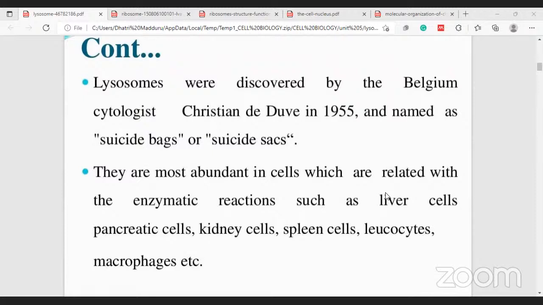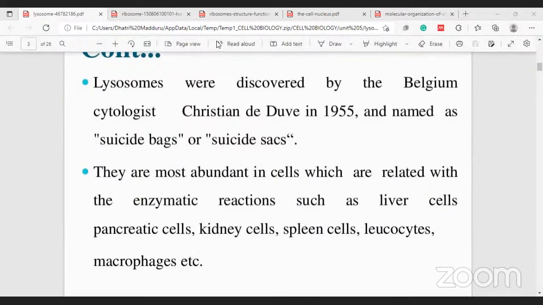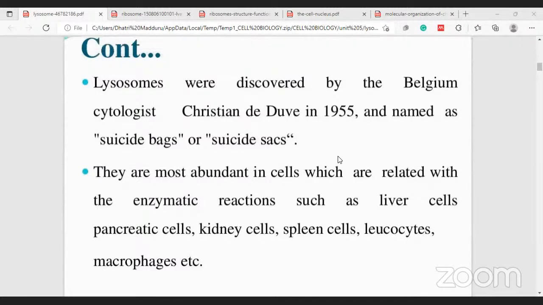There is no killing from outside. During a normal turnover process, the body itself is removing some cells or some components of the cells. Hence they are called suicidal bags or suicide sacs.